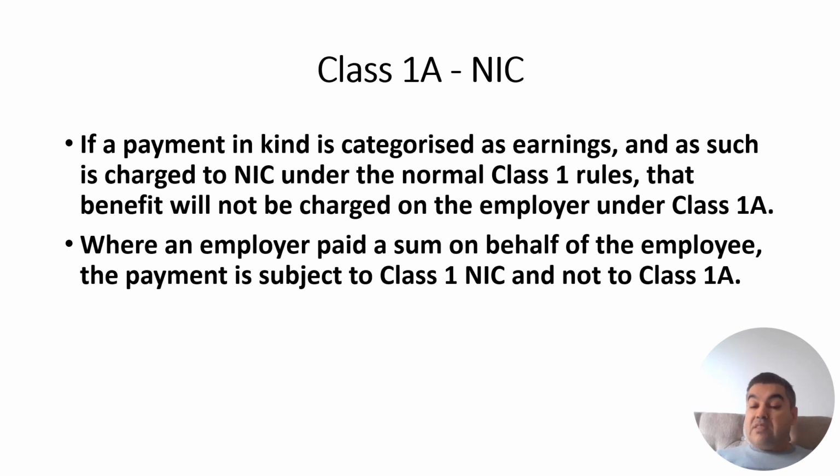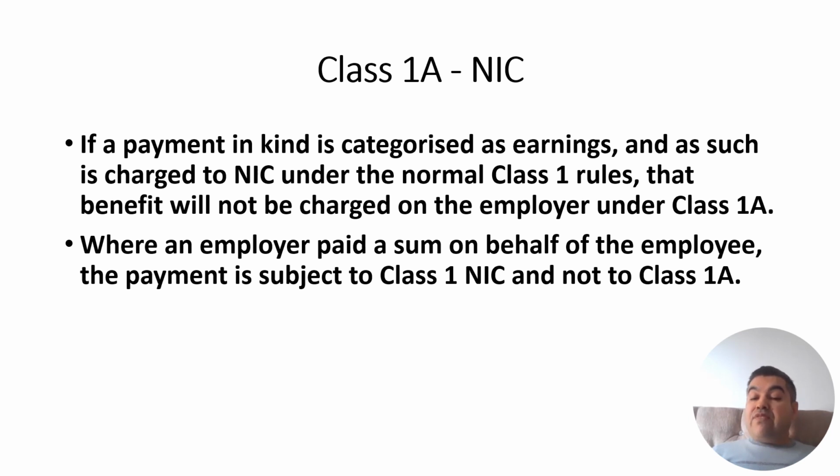In this case, certain benefit, for example, if there is a trading arrangement, okay, I give you this company car or give you certain asset, but then subsequently I will buy it from you, you will receive cash. Obviously, that is earnings. So that is no longer a benefit. Okay, in this case, as I say, on the benefit, there's no employee NI. So there's only employer NI in the form of class 1A.